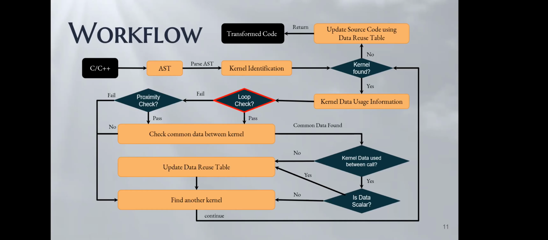We treat each call to the kernel from inside the loop as a new kernel. Next, we do a proximity check for two kernels. Currently, two kernels are considered to be in close proximity to each other if they are called from the same function.